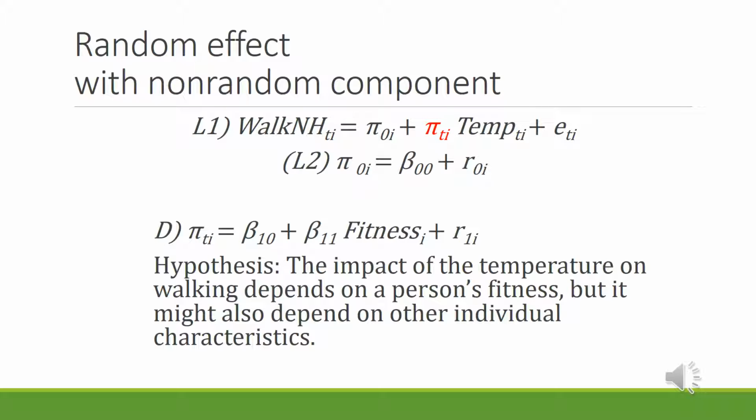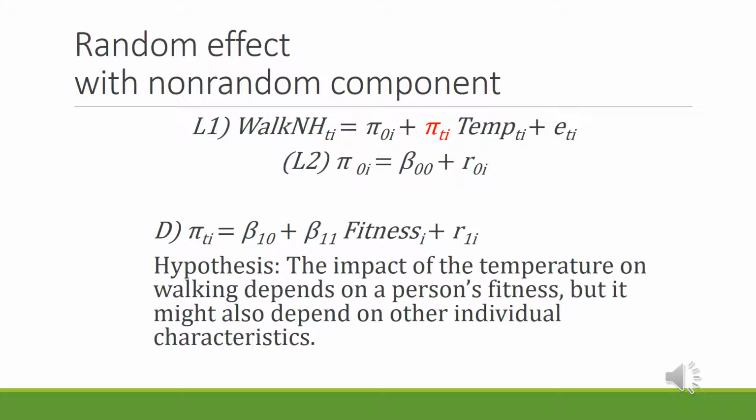Last but not least, we have a random effect with a non-random component. In this case, we are modeling our hypothesis that fitness moderates the relationship between temperature and walking, but we also allow for other characteristics of the person, ones that we have not measured, don't have good measurement on, are not able to model, or are going to model in subsequent models.